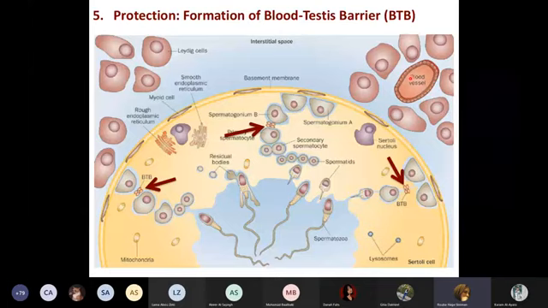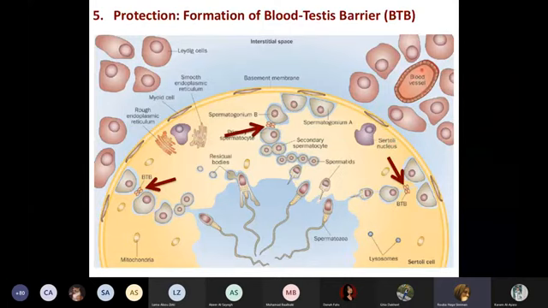And these substances can pass to the basal part of the seminiferous tubule either by diffusion or by some of the transporters. Now, to prevent these molecules that are present at the level of the blood from reaching into the lumen of the seminiferous tubule, these tight junctions will make sure that we have what you call the blood-testis barrier.